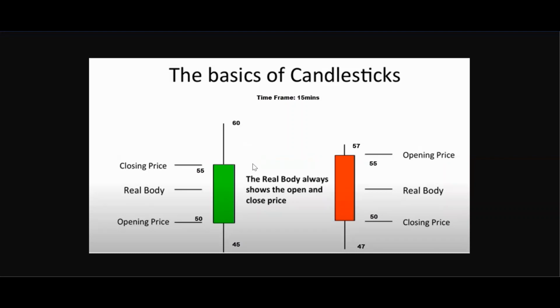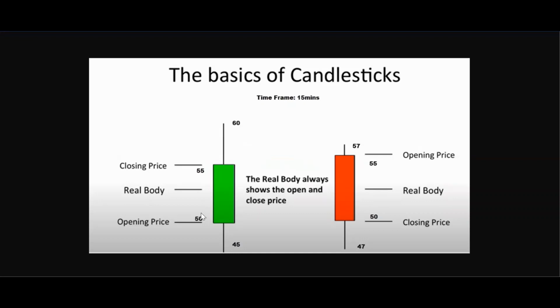If we see here, we have two candles. First, let us discuss this green candle, how it has been formed. Let us take a time frame of 15 minutes. So let us assume that these candles are formed in a set of 15 minutes. So for every 15 minutes, one candle will be formed. Now let's discuss this green candle.